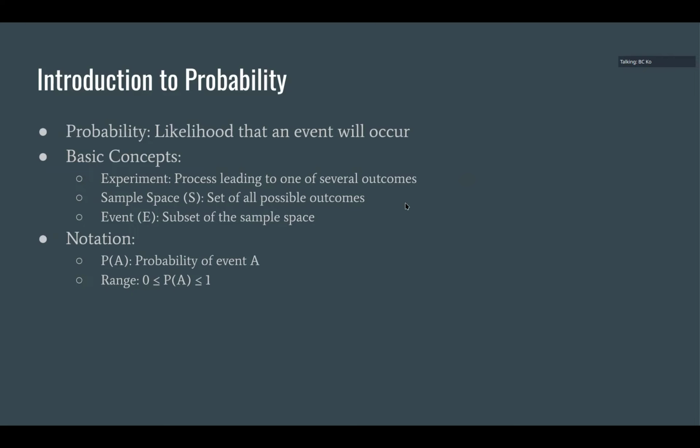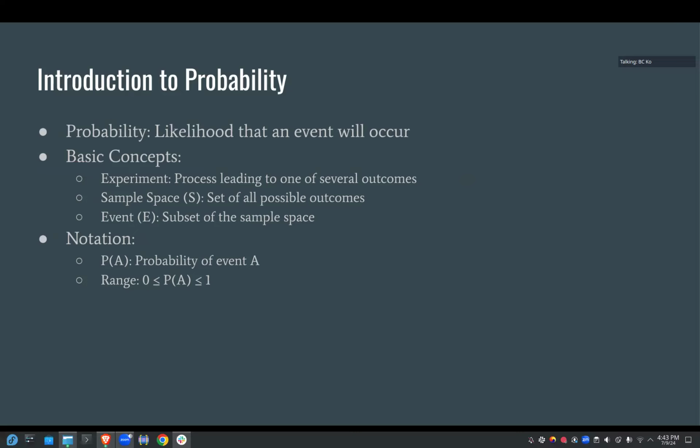So, introduction to probability. In order to understand Bayes' theorem, it is important to have a good grasp of basic probability concepts. Probability is essentially a measure of how likely an event is to occur. So here are some key terms. Experiment.